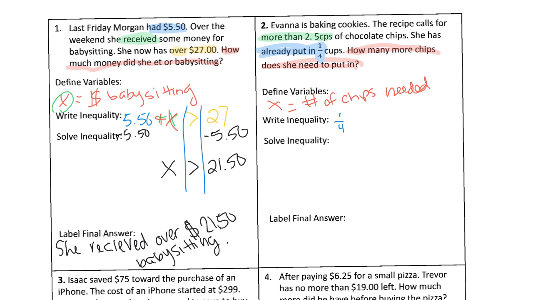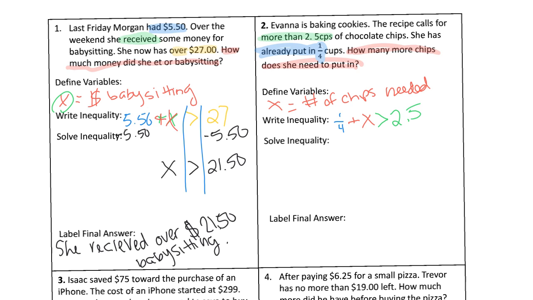So how much does she need to put in? So we want to do 1/4 plus what she has left. Now I know that the more than inequality symbol is the greater than symbol. It's greater than 2.5 cups.